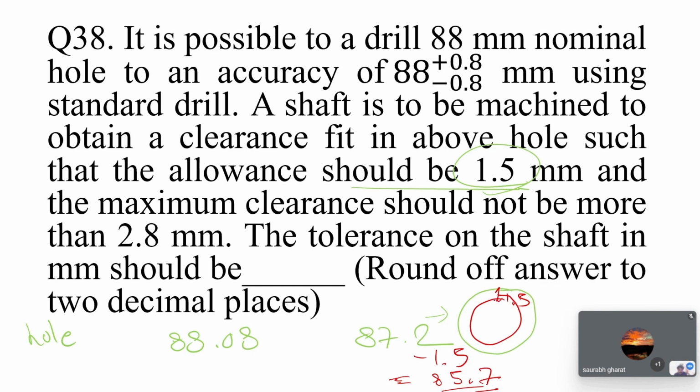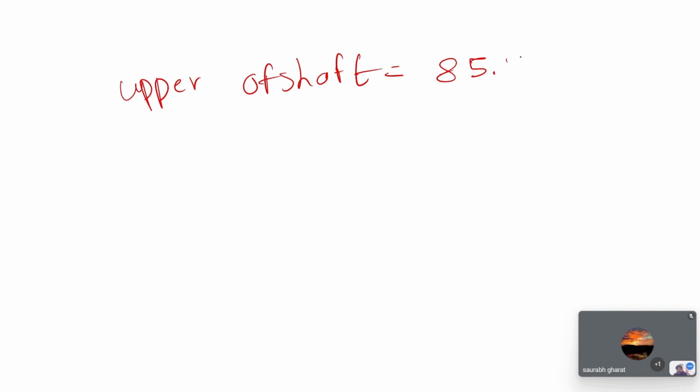And right now, this is for which part? Upper part. Okay, so upper of shaft will be 85.7. And what is the lower of shaft? What does lower of shaft mean?